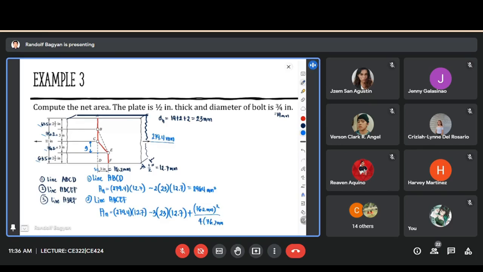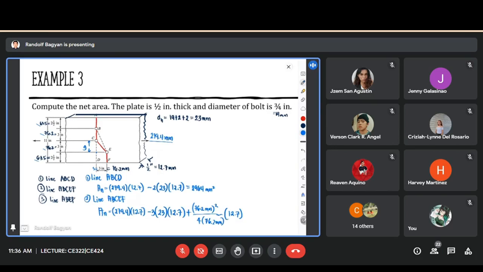Okay, mm. Alright. Now, we have to multiply that by the thickness. Okay, that's 12.7 mm. Para maging area din lang siya.